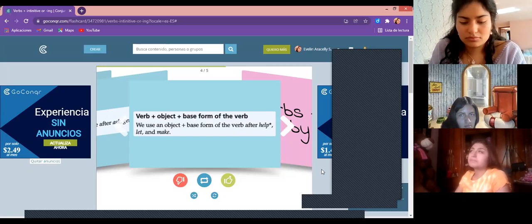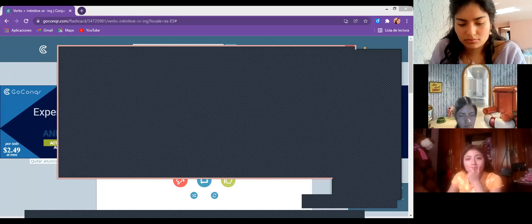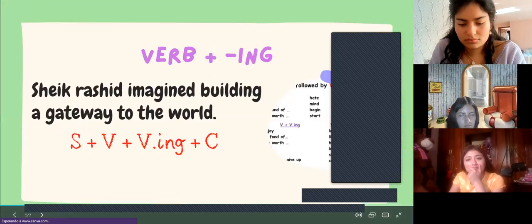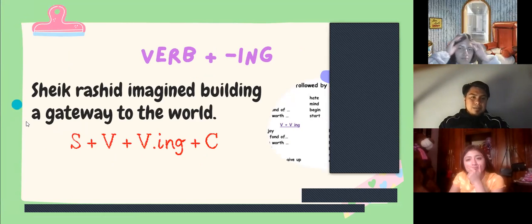Verbs followed by ing. So let me share. Okay, so according to the verbs followed by another verb in ing, we have this sentence as an example. It says, Sheikh Rashid imagined building a getaway to the world.